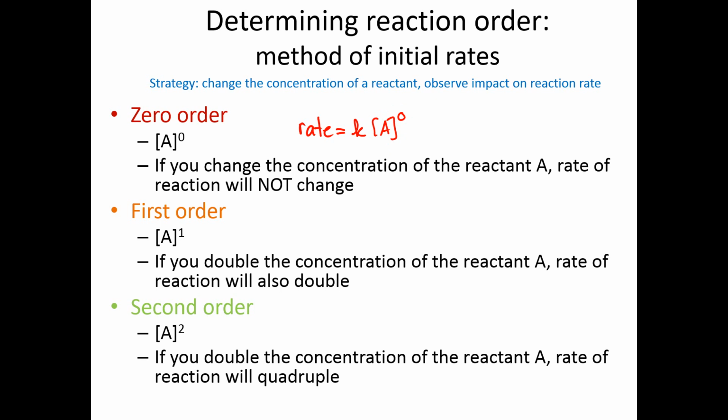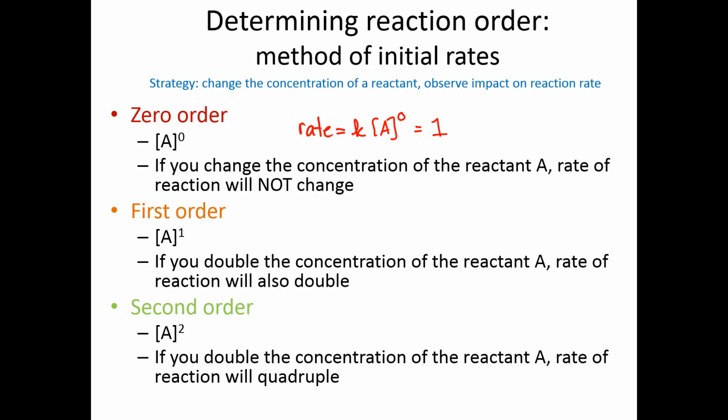And we know that anything to the zero power is 1. So what that means is no matter what the concentration of A is, the rate is going to stay the same. So if you change the concentration of the reactant and the rate of the reaction does not change, that means that reactant is zero order.